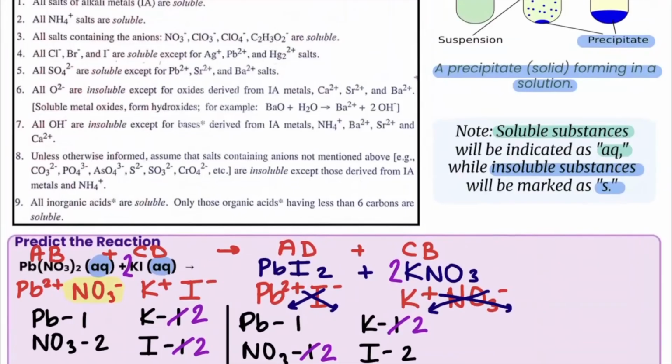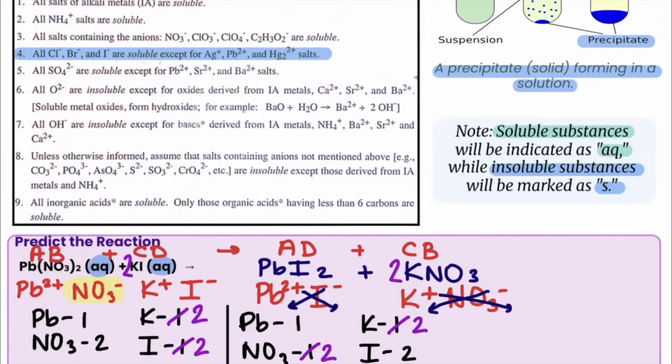It comes with practice. So let's look at this, PbI2. And we want to see whether or not it's soluble or insoluble in water. And the first rule that just immediately draws my attention is rule number 4, where it says that all chloride, bromide, and iodide ions are soluble. So technically this would have been aqueous, right?